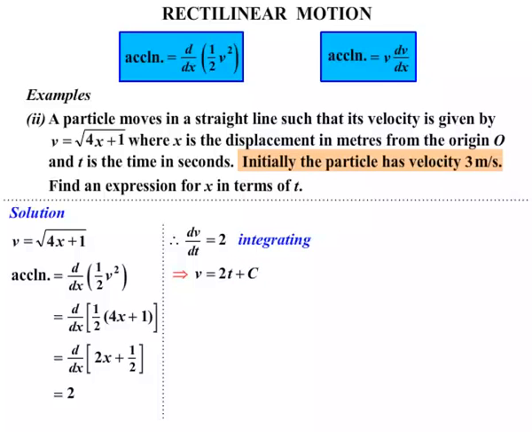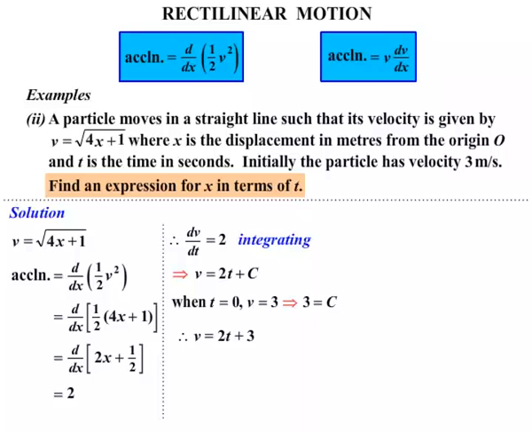Initially, the particle has velocity 3 meters per second. In other words, when t is 0, the velocity is 3. Applying those conditions to our equation above, we get that 3 is equal to c. So we've got our velocity equation. We now know the value of c, so v equals 2t plus 3.